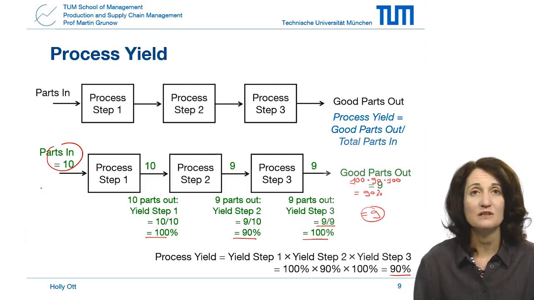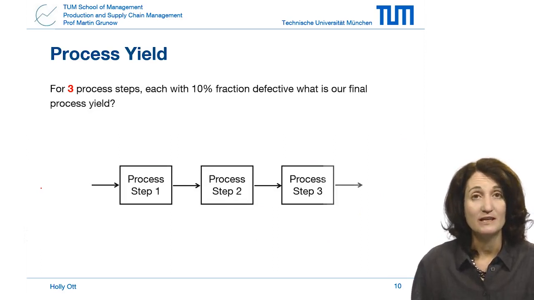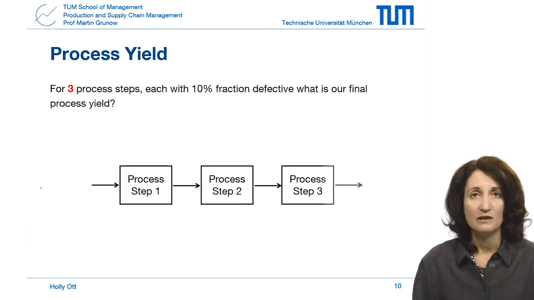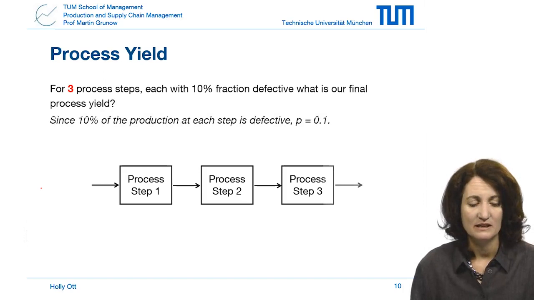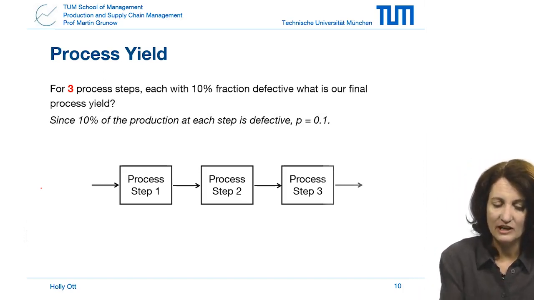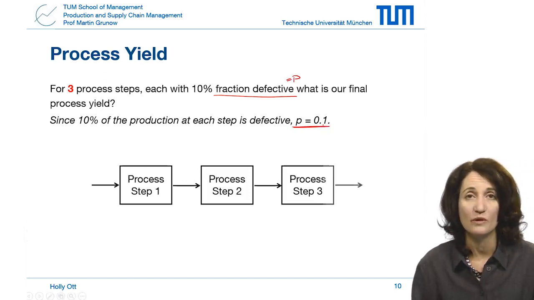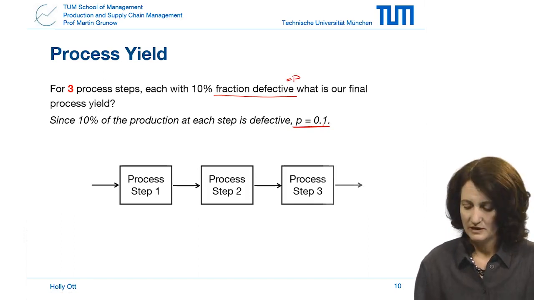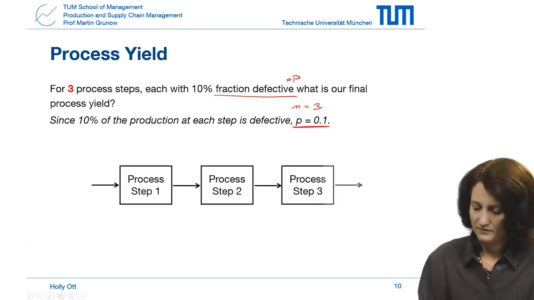Okay, so let's look at the 3 process steps then with each 10% fraction defective and calculate our final process yield. So we said that the fraction defective is equal to P. So P is equal to 10% or 0.1. We have 3 process steps, N is equal to 3 here.